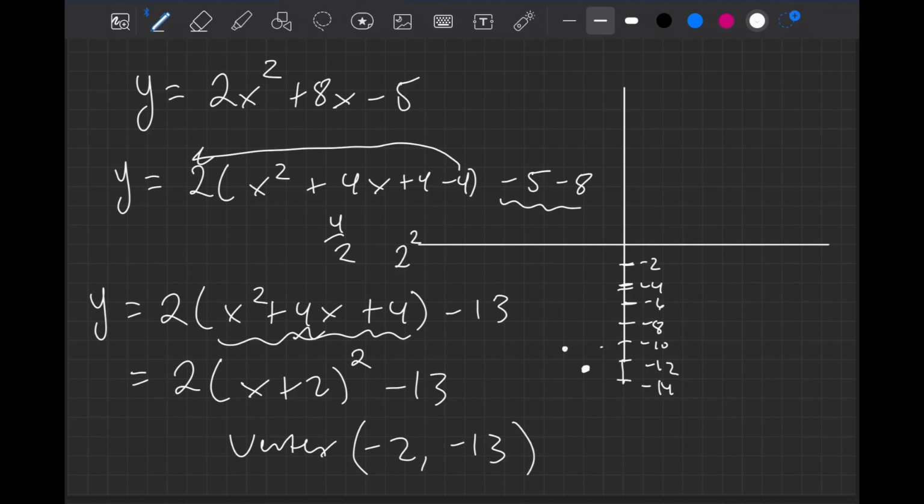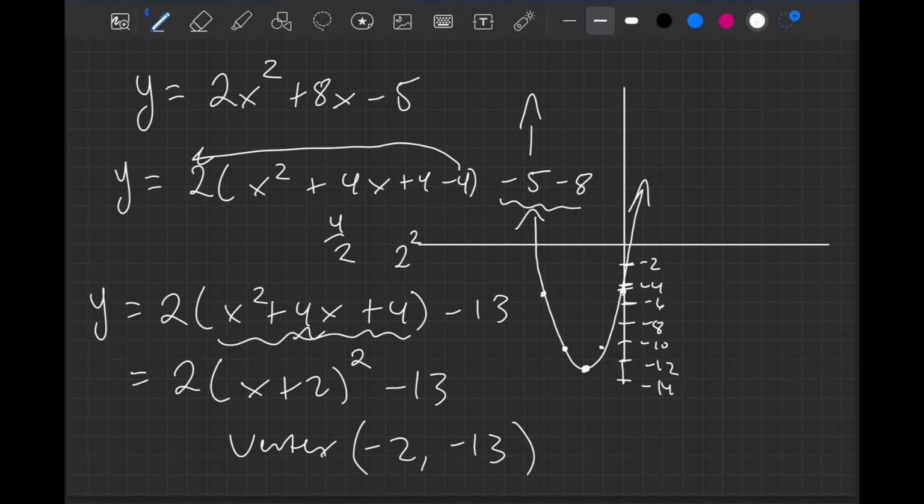You can make a table of values as well, but when we go left or right 2, we're going to go up 8. So 13, 2 is going to go to 5, and so on. Something like this will be the graph, and it's going to continue here too.